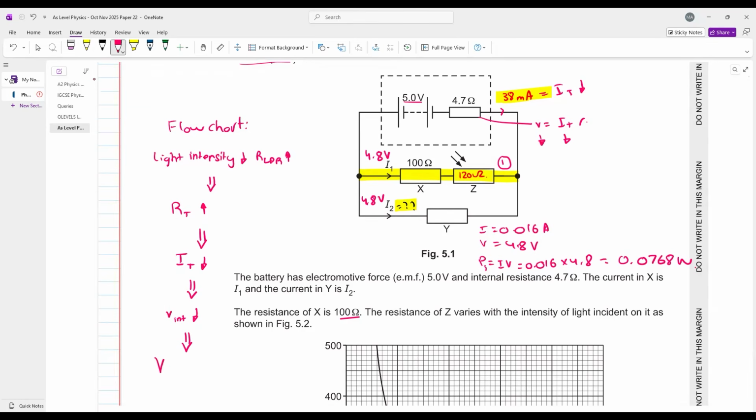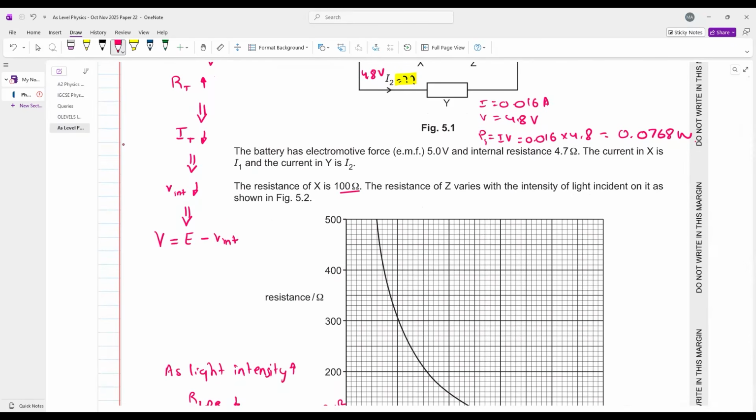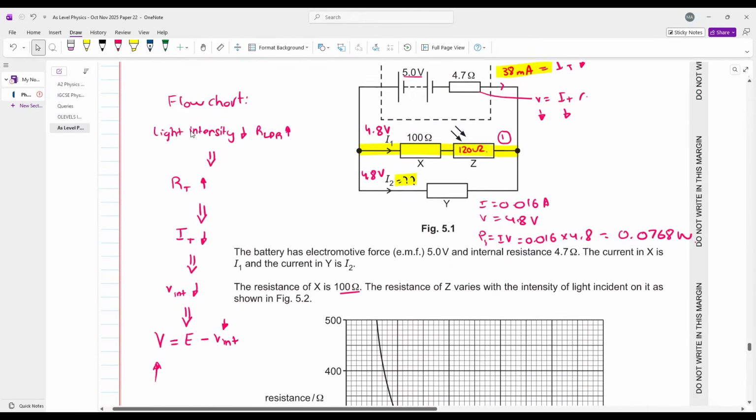What is your terminal potential difference equal to? EMF minus the voltage consumed by the internal resistance. If the voltage consumed by the internal resistance decreases, your terminal potential difference increases. So this is how you will write your answer.